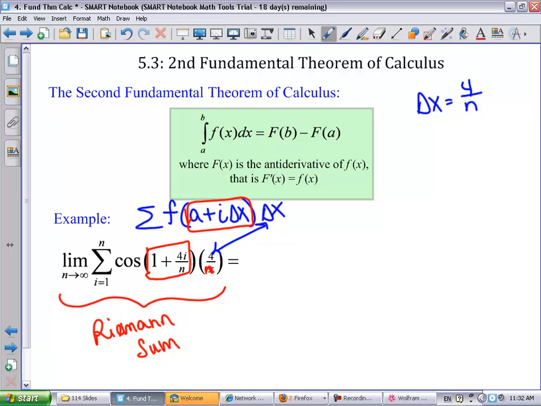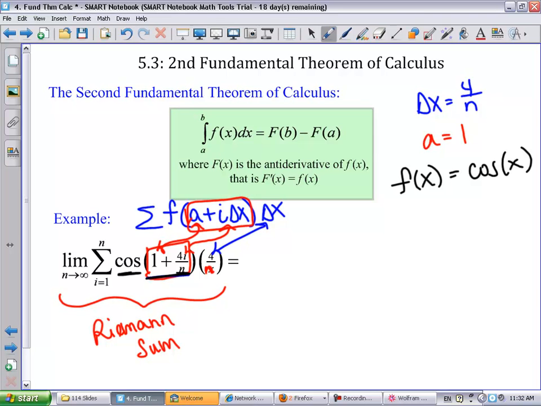So knowing that delta x is 4 over n, then the 4i over n matches up with the i delta x, and that means that a is 1. And then what function is this x value being plugged into? It looks like the function cosine. So f of x must be cosine of x.